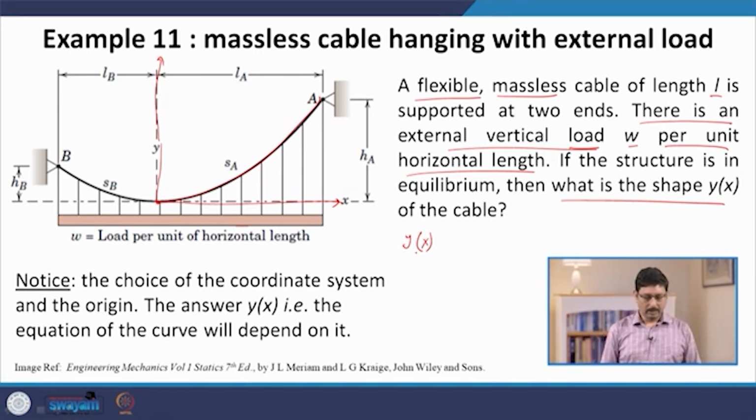Now, one thing I want to emphasize here is the way I have chosen the coordinate system. This is not random. I have chosen the lowest point of the rope as my origin, the tangent at the lowest point as my x axis, and the perpendicular direction as my y axis.